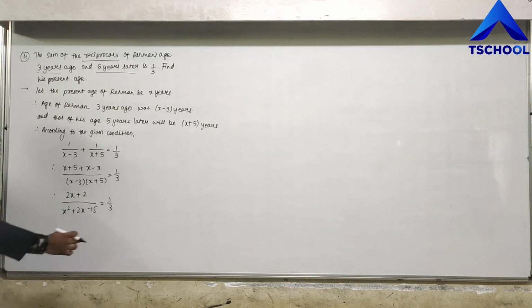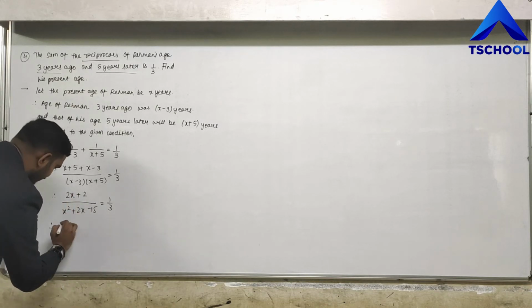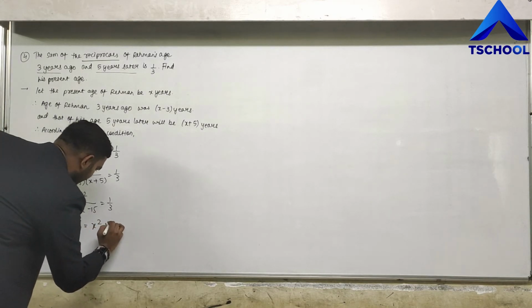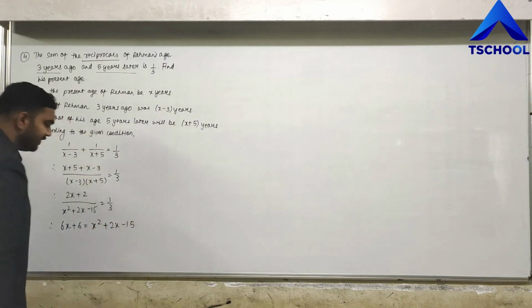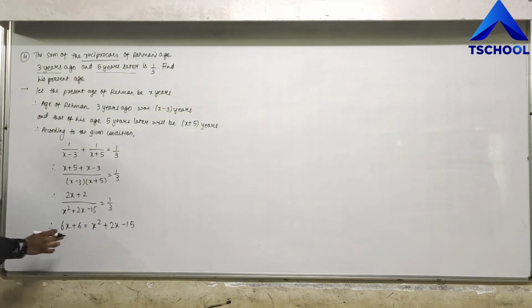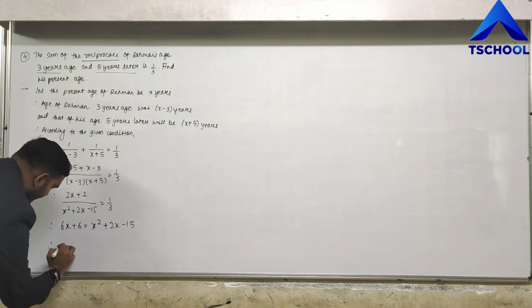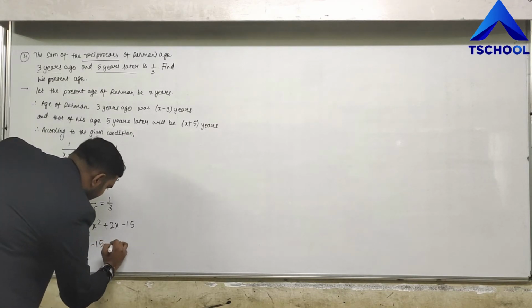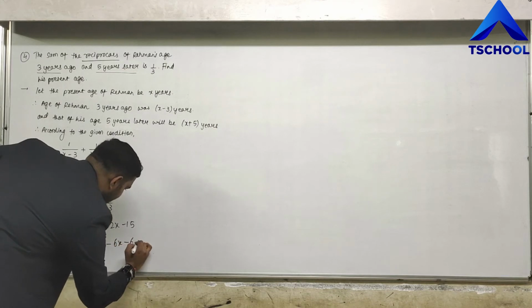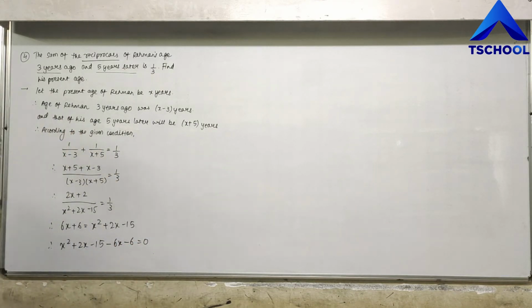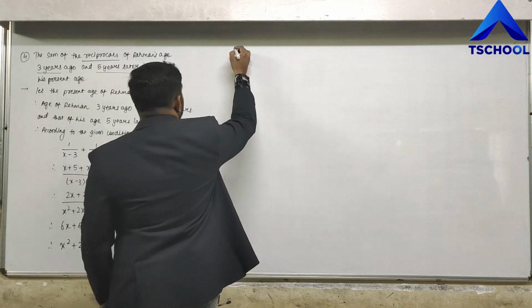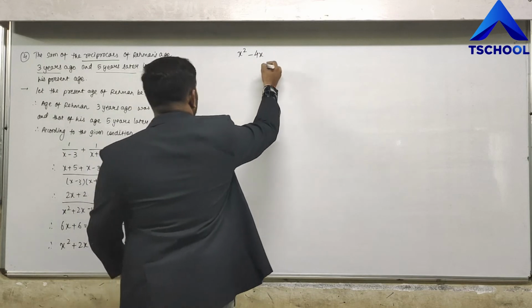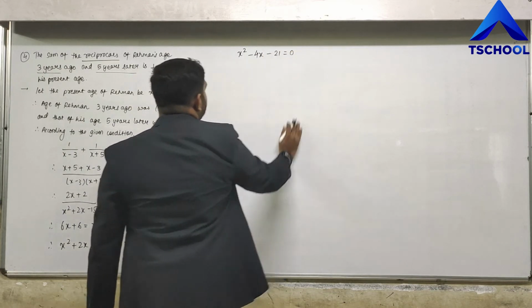Therefore, cross multiplying them, we will get 3 into 2, 6x plus 6 is equal to x square plus 2x minus 15, right? Now, taking both terms to the other side, we shall get x square plus 2x minus 15 minus 6x minus 6 is equal to 0. Simplifying, we shall get x square minus 4x minus 21 equal to 0.